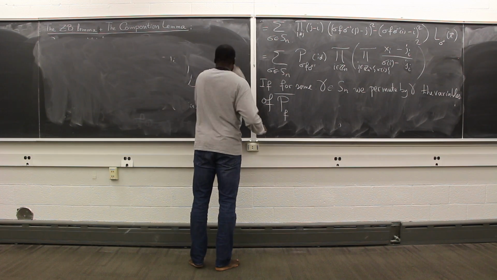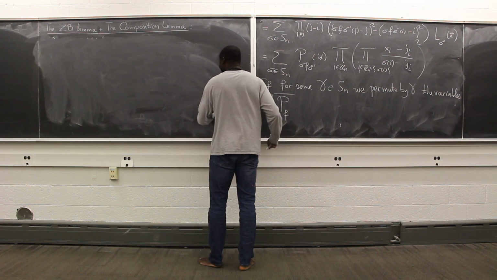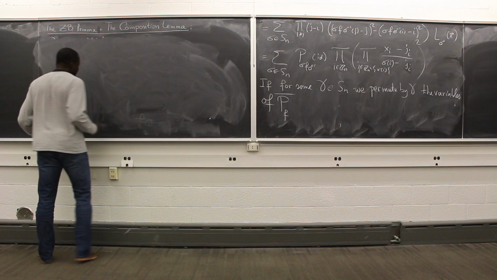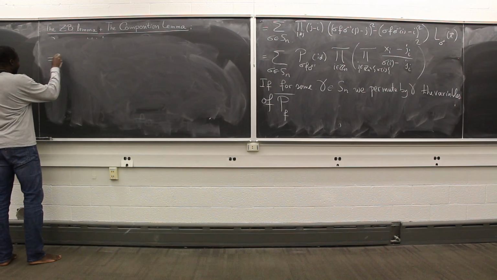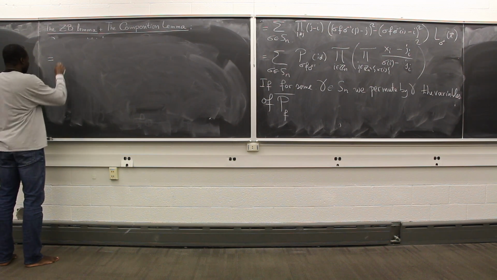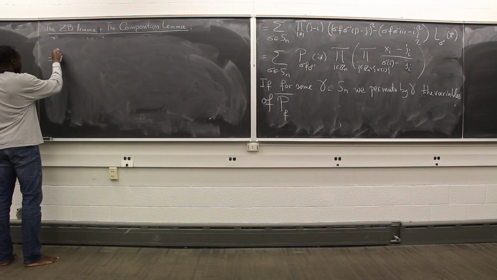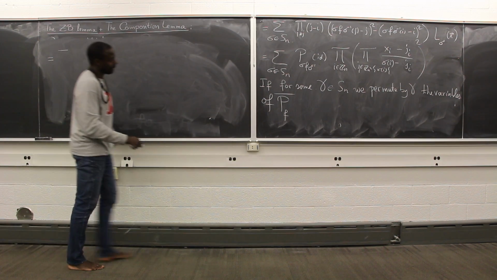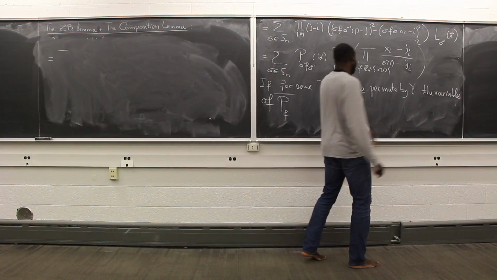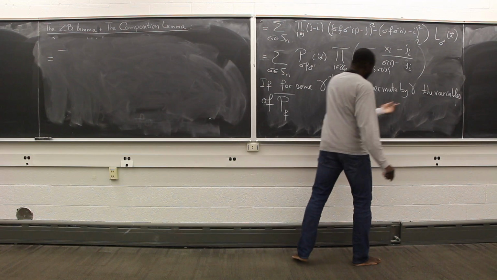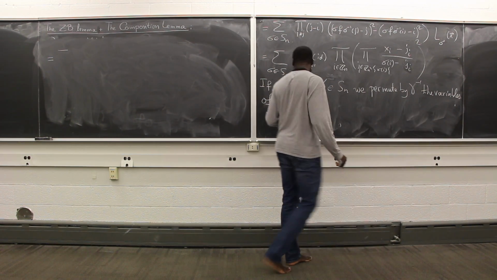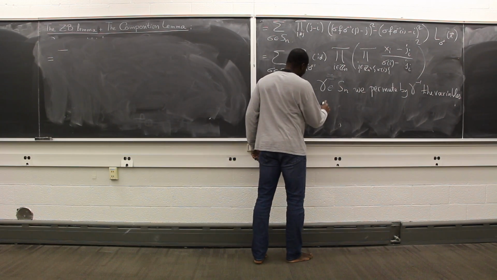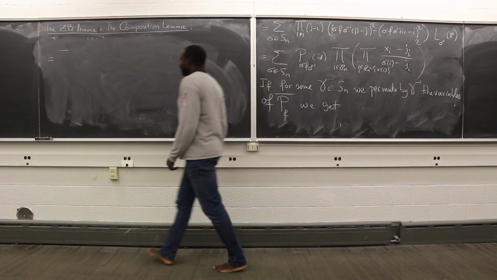Let me ask for some guesses. Any guess what we're going to have? It's always easy to guess after I write it down. So let's try to guess before I write it down. So if you do the permutation, what you get is, if we do permutation gamma, I'm going to, for convenience, take gamma inverse for every gamma on the variables of Pf. We get, okay, and here I write what we get.